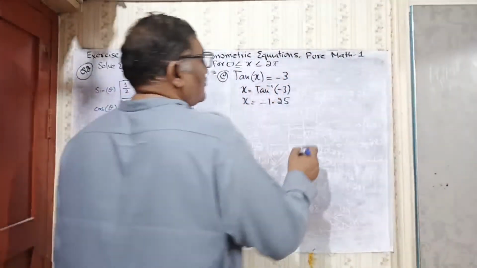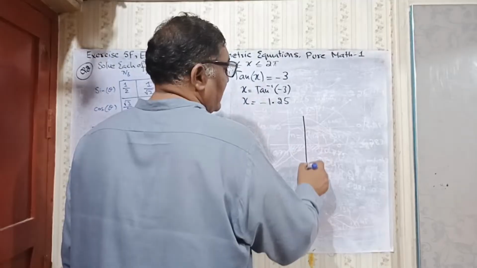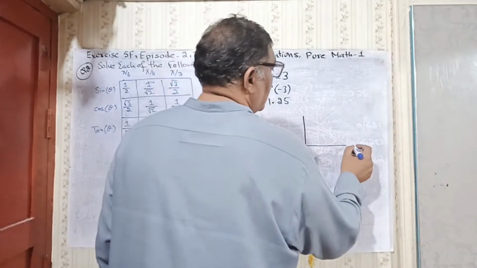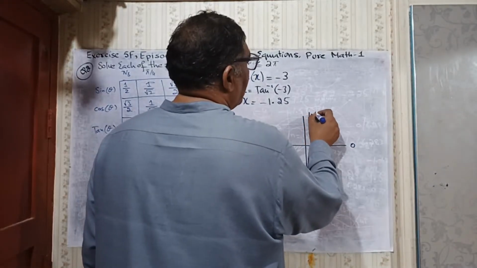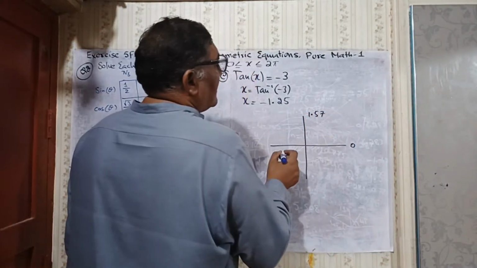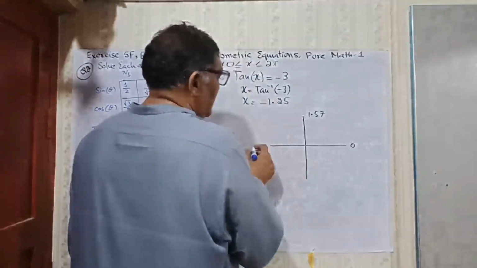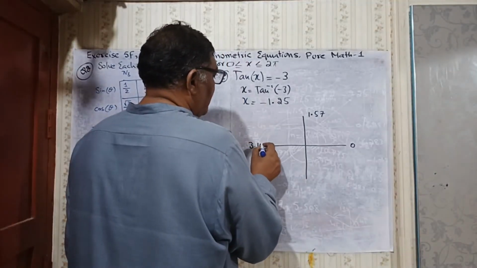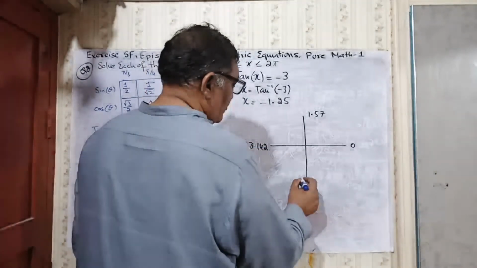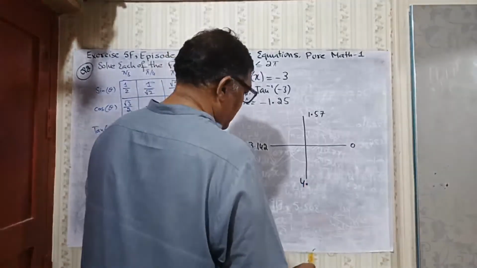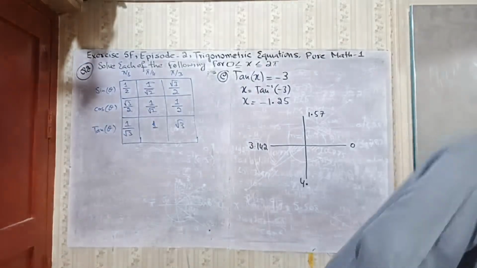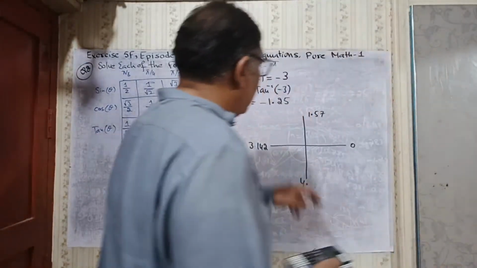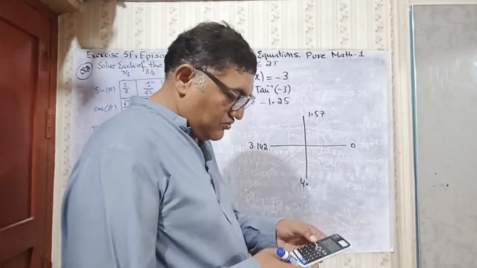Okay, so let us draw this diagram. This is 0. This is 1.57 and something. This is 3.142. This is 4 point something. If you do not remember, we can find this. This one is pi by 2.